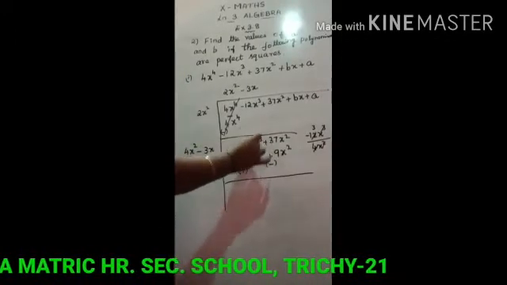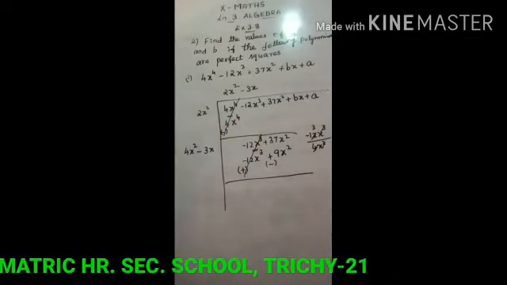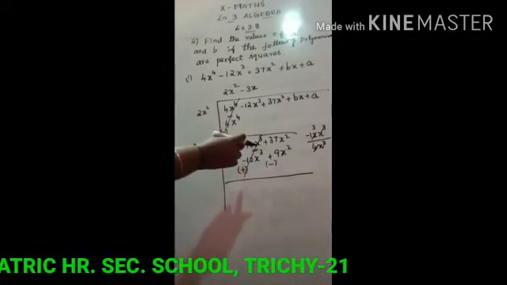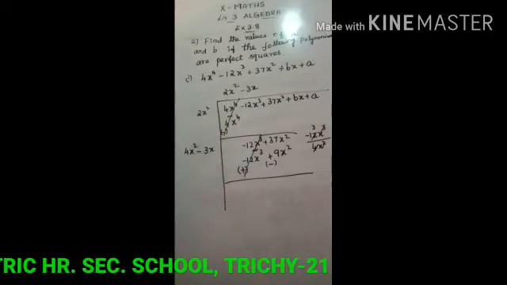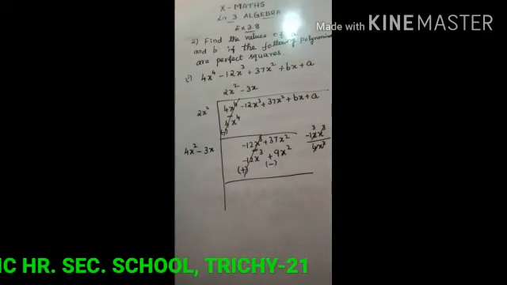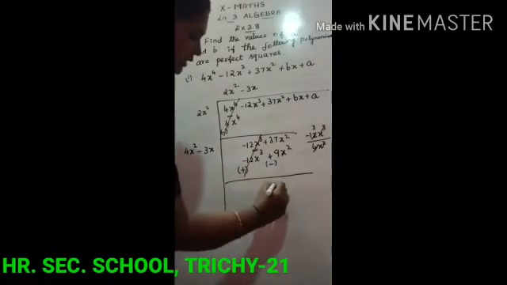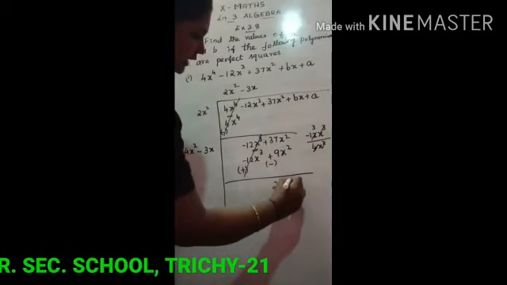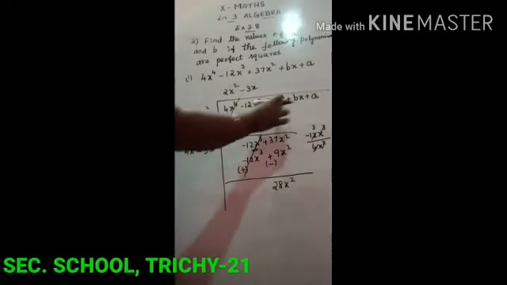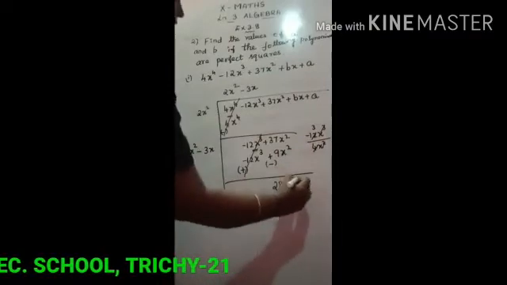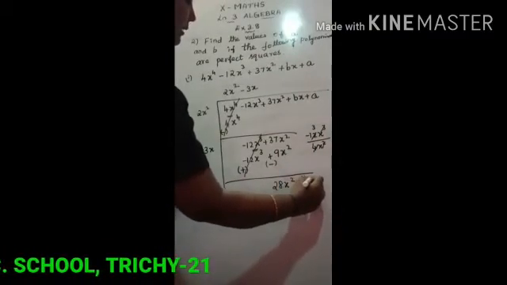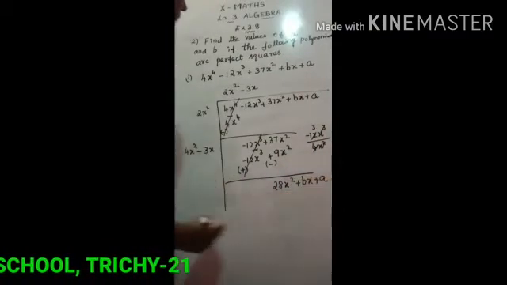The first expression cancels. Then 37 minus 9 subtracted, we have 28x square. The remaining two terms we write in the third step, plus bx plus a.